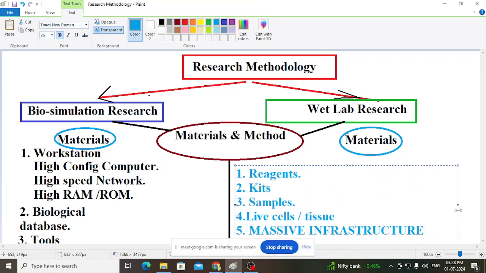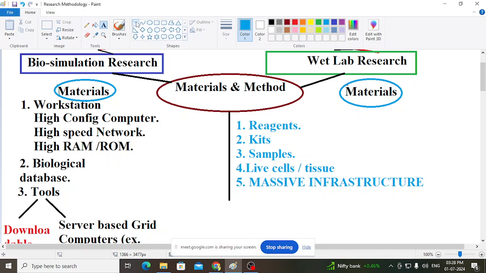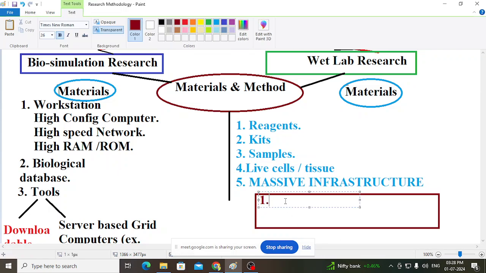Why massive? Because of the equipment, which we have not spoken of, which could be very large. I'll give you some examples of massive infrastructure, and you'll understand what this is. We need biological safety cabinets, which will be very, very large.